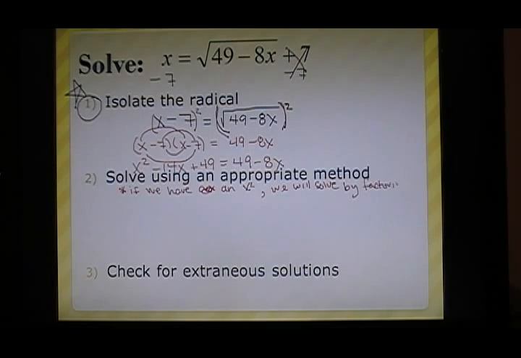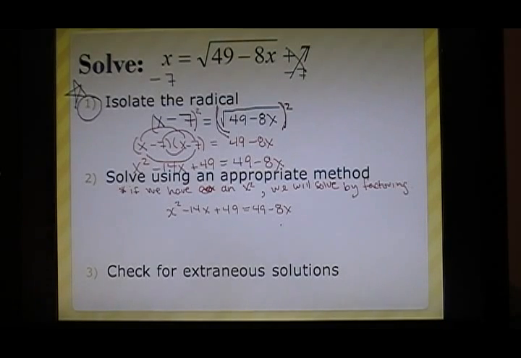Okay, that's the only method we know right now. In the next chapter, we're going to learn some more methods, but right now, we should know how to solve by factoring. So taking our equation, x squared minus 14x plus 49 equals 49 minus 8x.